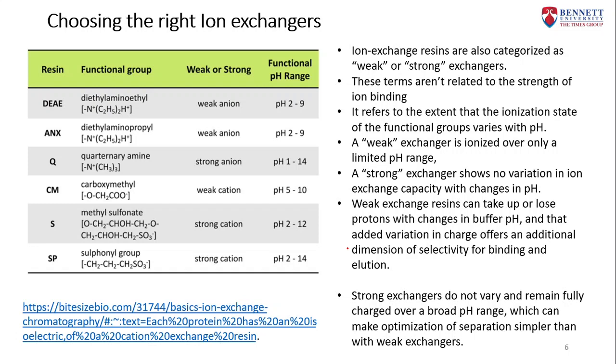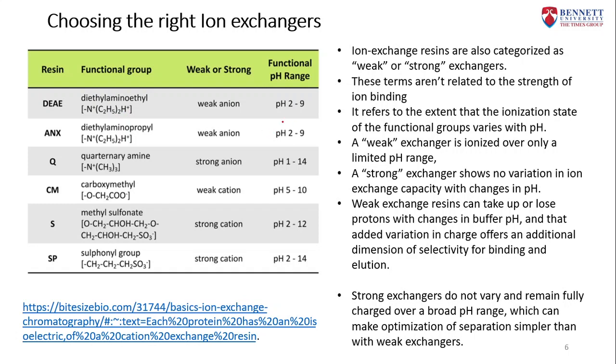So how do you choose what ion exchangers to use? There are a bunch of them available from industry, and you can see these descriptions on how to choose which one would be appropriate. So diethylaminoethyl, or DEAE, is a weak anion exchanger because it is a tertiary ammonium salt, meaning that it has only three ethyl groups and one H plus.